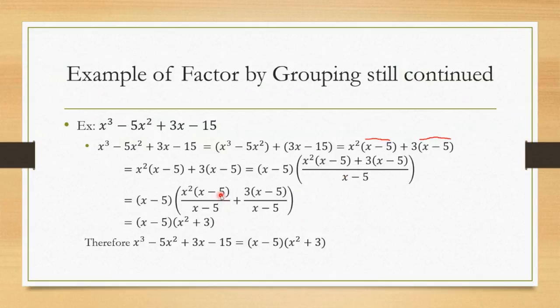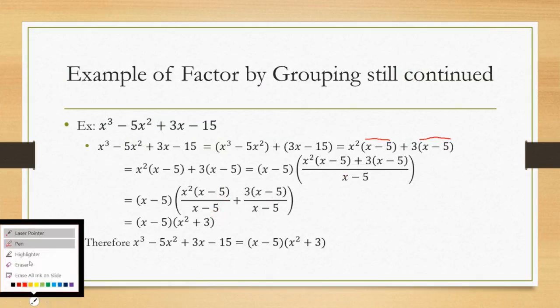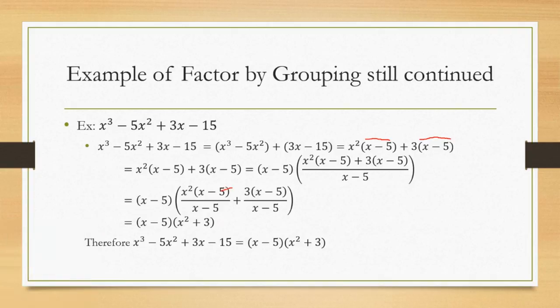The x minus 5, let me get that pen again, it cancels. Here, it also cancels. And we get x squared plus 3. And so altogether, finally, we get this factorization.